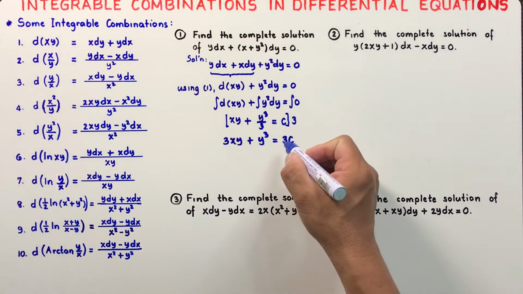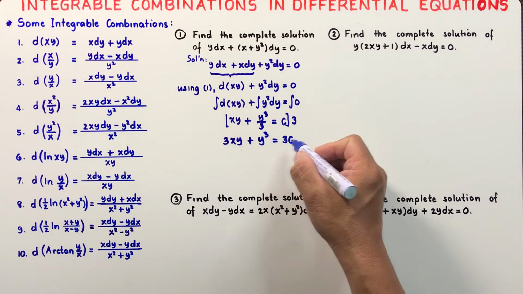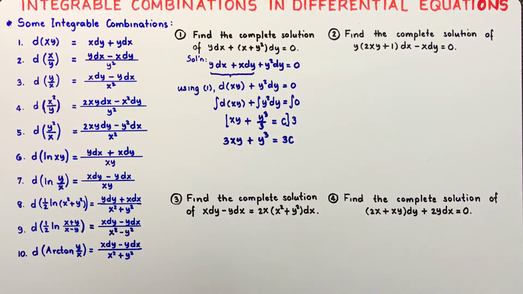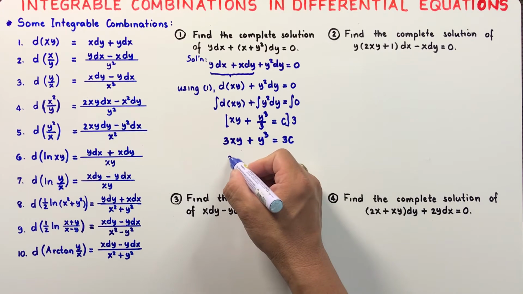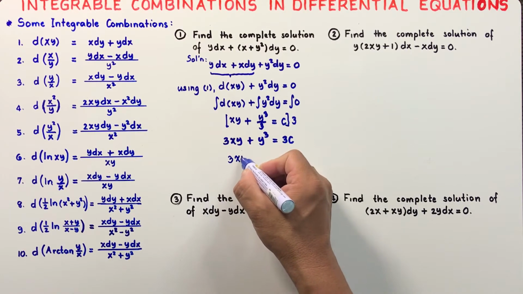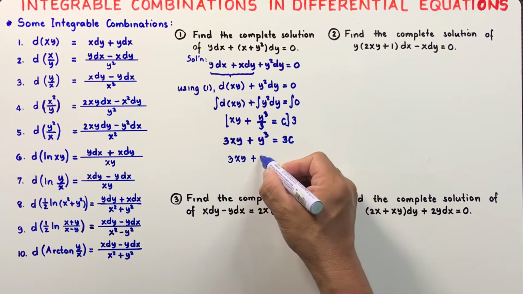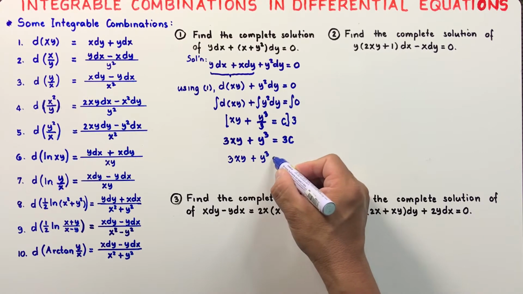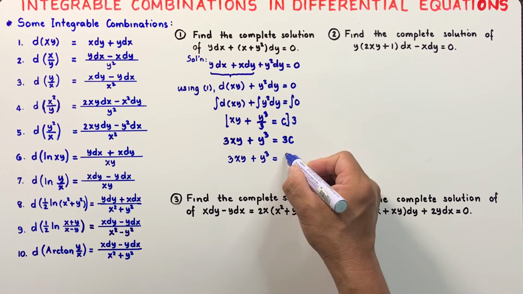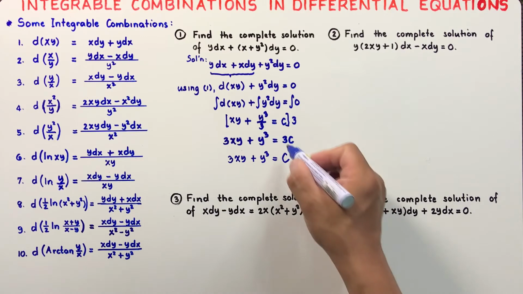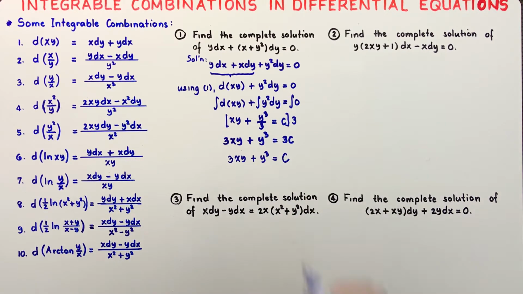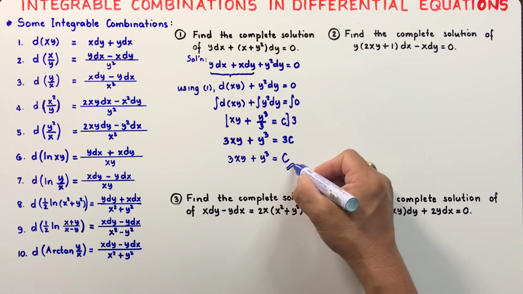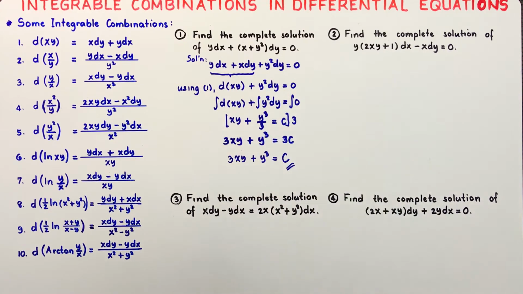But remember that this 3, which is a constant, multiplied by another constant, is still a constant. So we can write our solution as 3xy plus y cubed, which is equal to the constant big C, which is a product of these two constants.